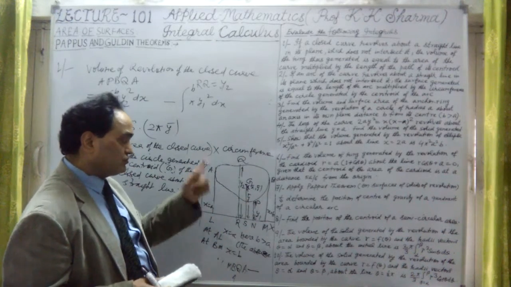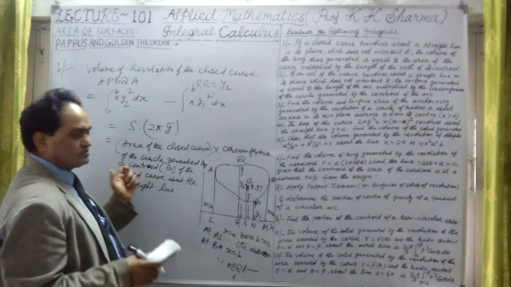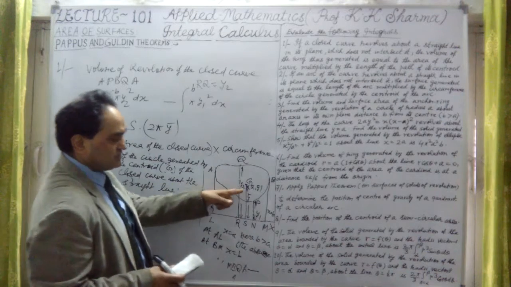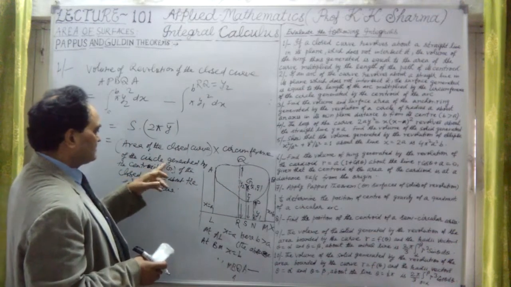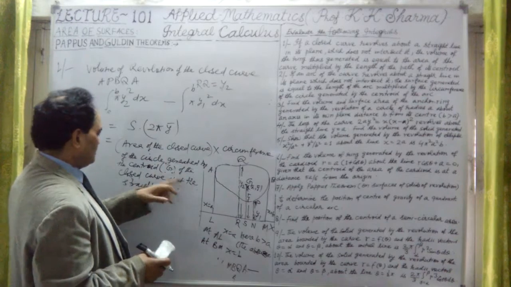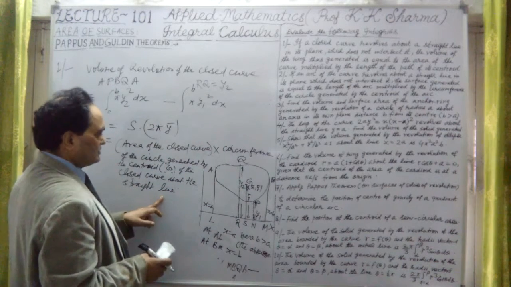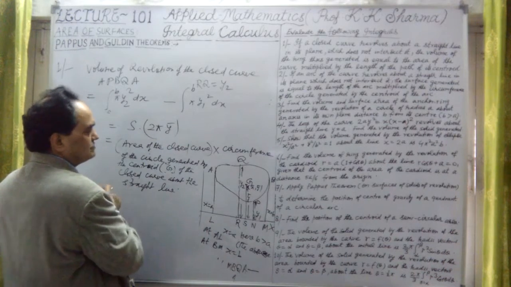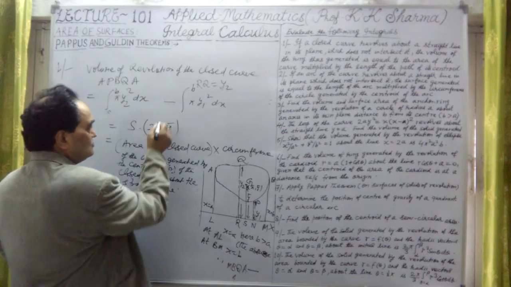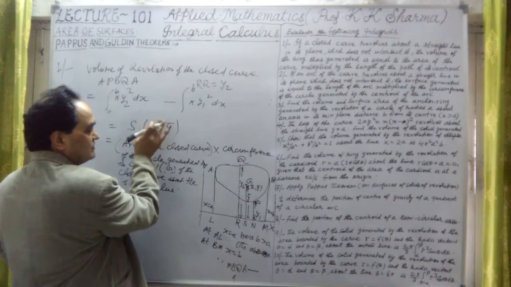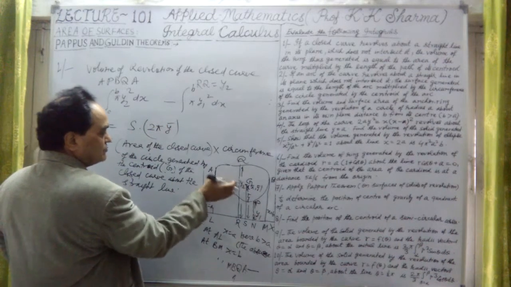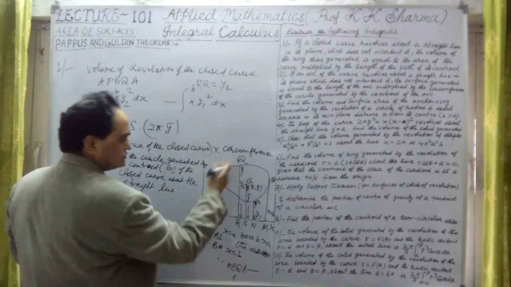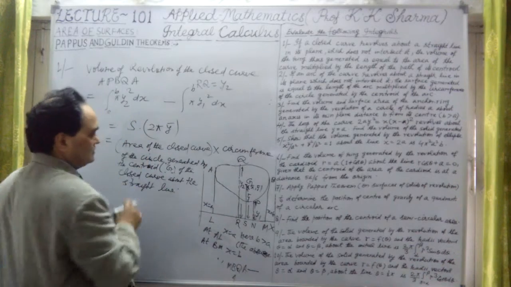That is the path of the circle generated by revolution of the centroid of the closed curve about the straight line. So 2 pi y bar is the circumference of the circle generated by the centroid about this line, and S is the area of the closed curve.